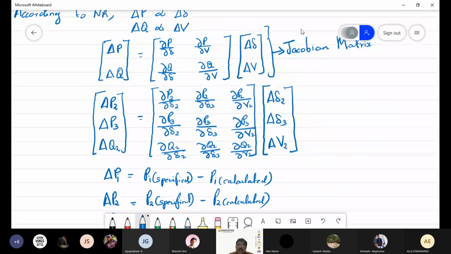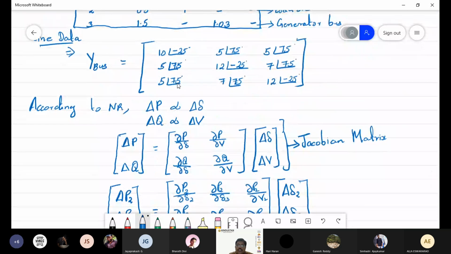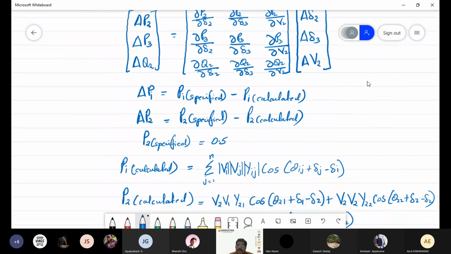Let us see the Y bus, that is Y21, 22, 23, right? That is 21 is 5, 22 is 12, 23 is 7, 7 angle 75.